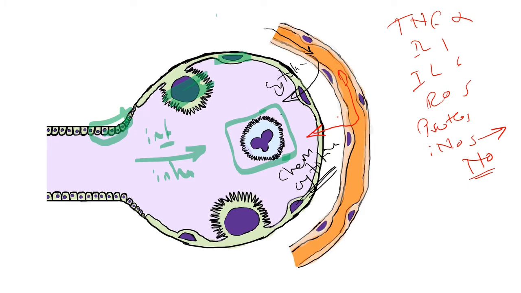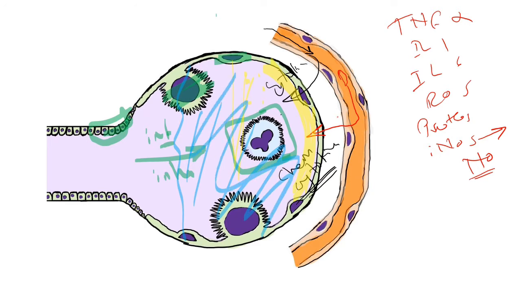There will be an accumulation of a hyaline membrane that causes thickening of the alveolar capillary membrane. There will be accumulation of cellular debris and accumulation of protein-rich fluids inside the alveoli that cause impairment of the gas exchange.